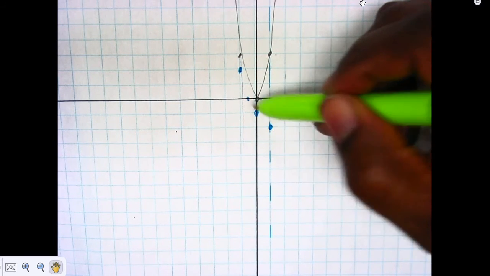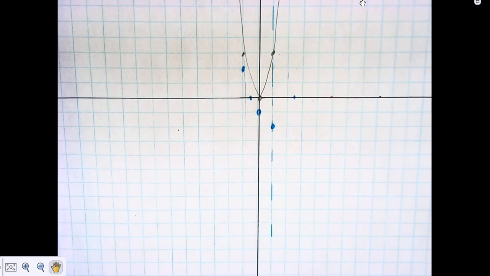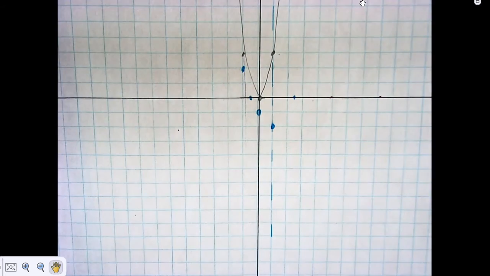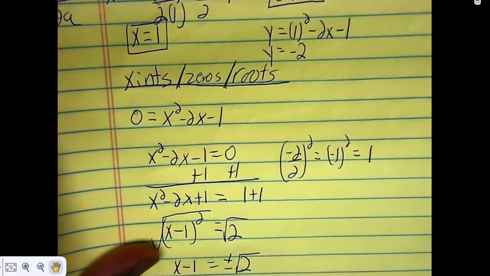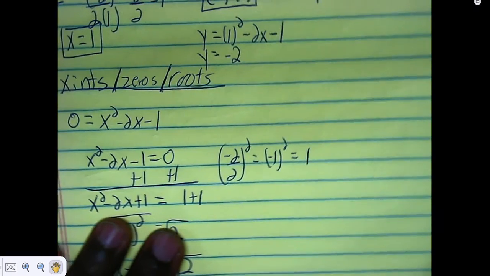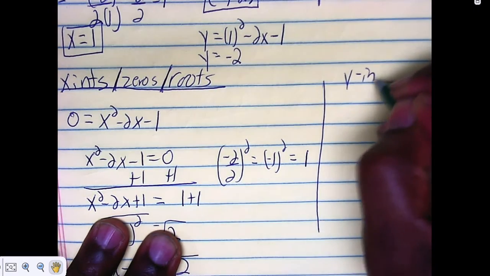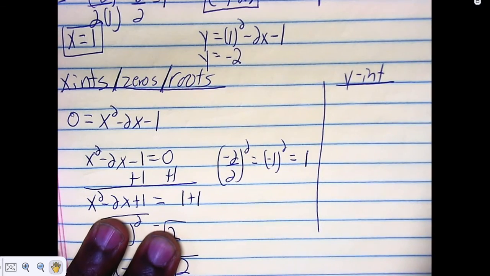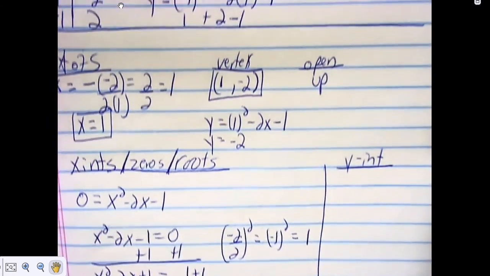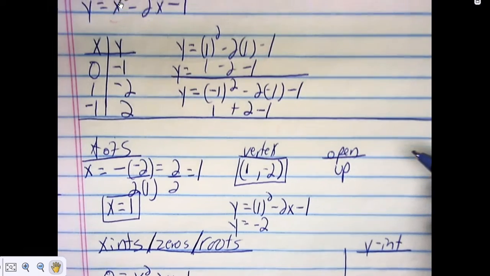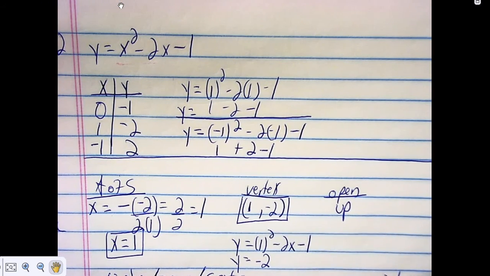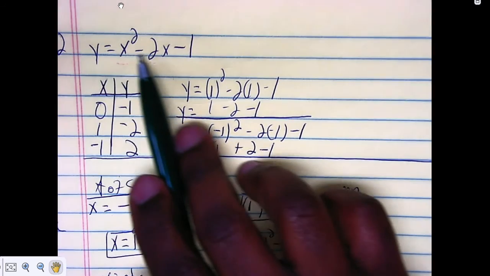And one final thing I'd like to show you before we finish, and I'll go ahead and graph this. Let's talk about one other thing, and that's called the y-intercept. The y-intercept is when you put 0 in for x. And the shortcut for that is that your y-intercept will always be 0, c. Whatever c is, if it's written like this, that's going to be your y-intercept.